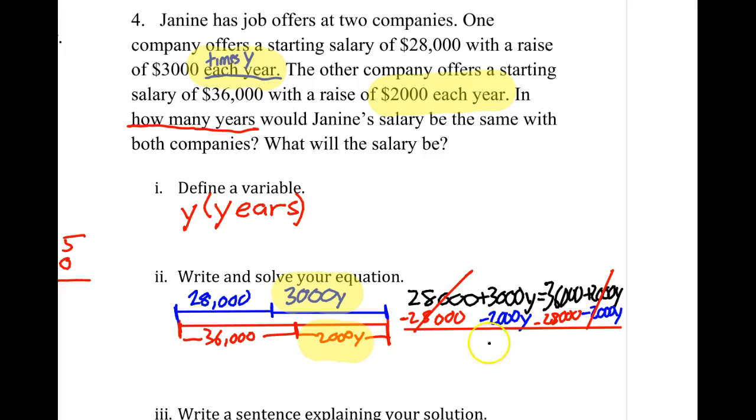So we have 3,000 Y, 3,000 a year minus 2,000 a year, 1,000 Y. 36,000 minus 28,000 would be 8,000. There we go, and we know the rest, how to divide by 1,000 on both sides. So Y equals 8. 8 years.